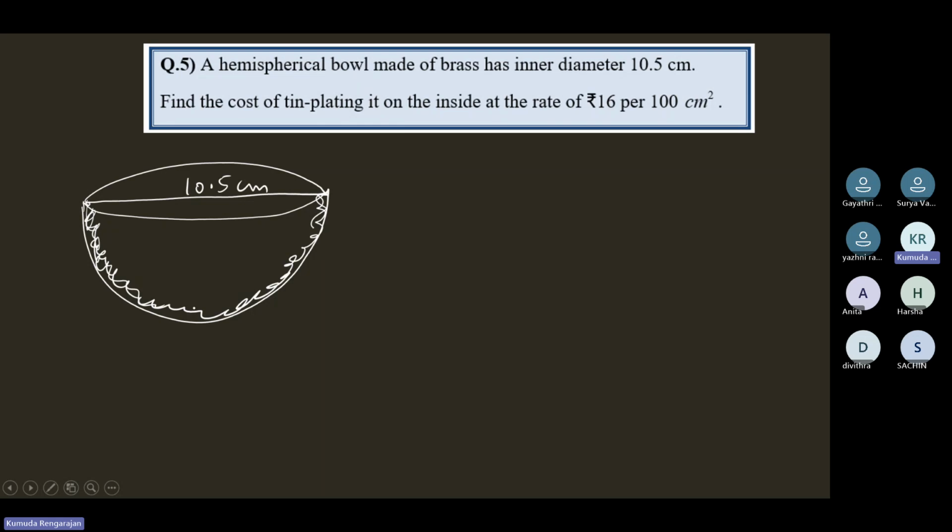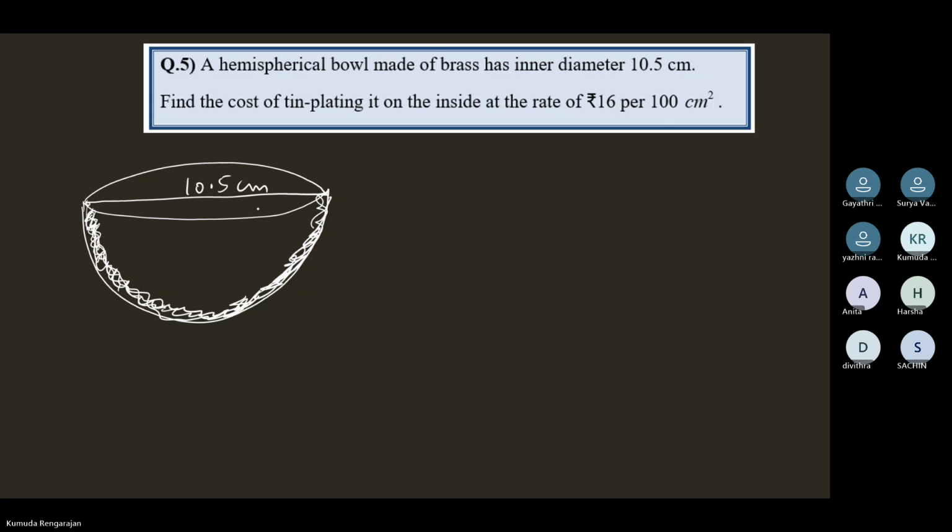Like we have the non-stick cookware today. In earlier days, brass vessels used to be tin plated. A thin silver-colored coating, which is tin. So the inside will be tin plated so that the food doesn't get stuck or burnt. So you need to find the cost of tin plating it on the inside at the rate of rupees 16 per 100 centimeters square.